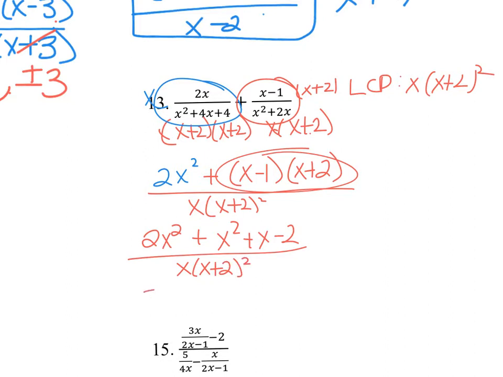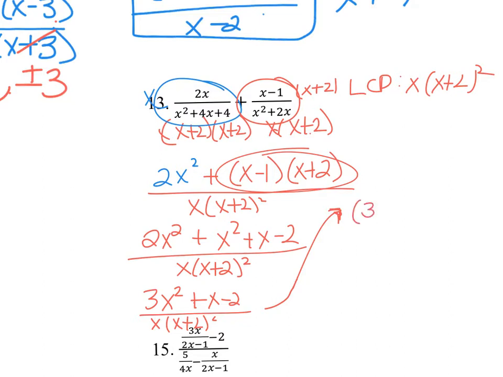So now I have 3x squared plus x minus 2 all over x times x plus 2 squared. So now if I try to factor this, that's why I just come up here.